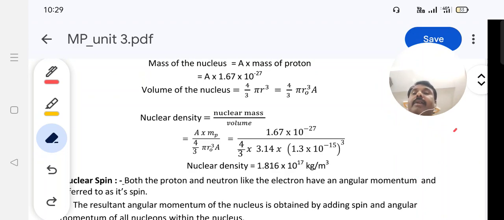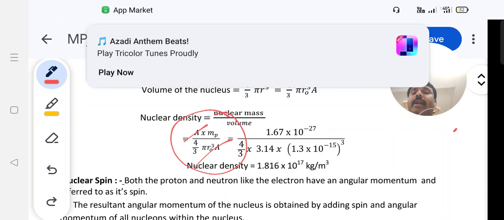Hence, the nuclear density is given by A times mp divided by 4/3 pi r naught cube times A. If we cancel A in the numerator and the denominator, we remain with mp divided by 4/3 pi r naught cube.